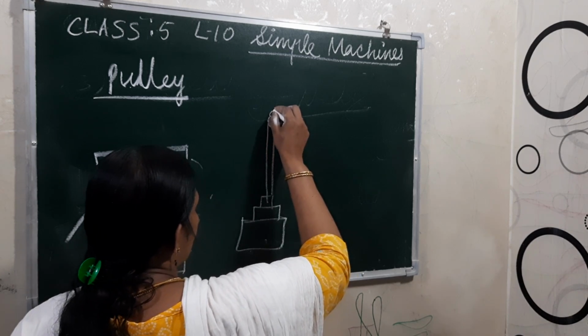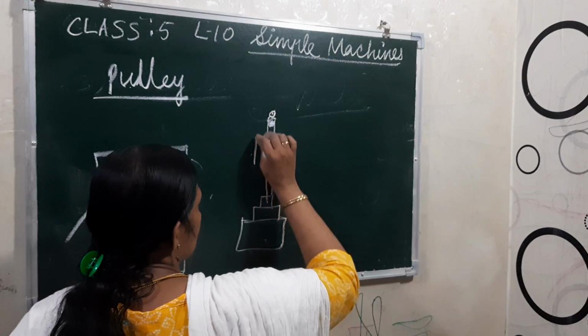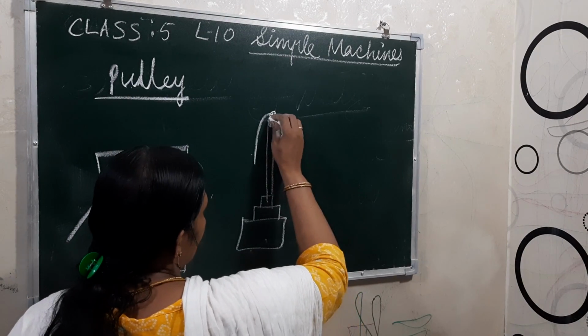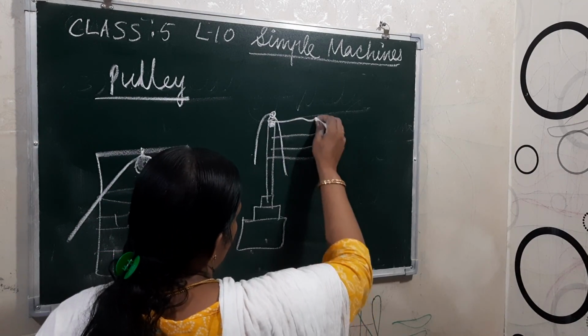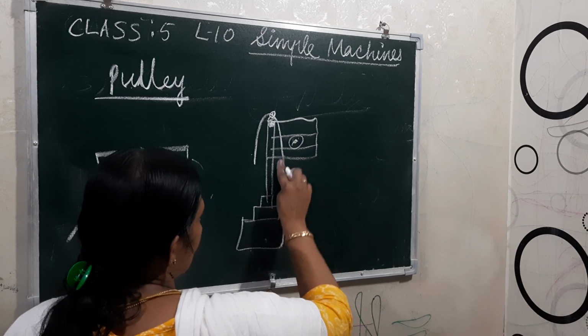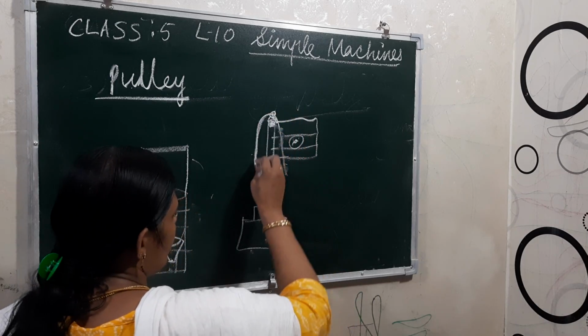Through that pulley we keep the thread like this, and our flag is attached here, so that it comes like this.